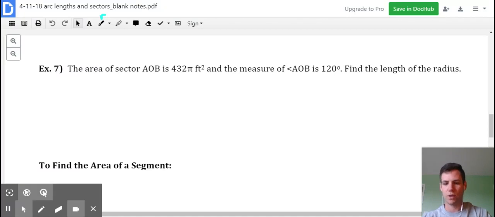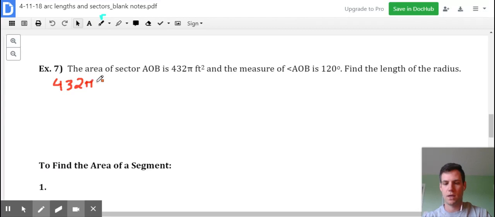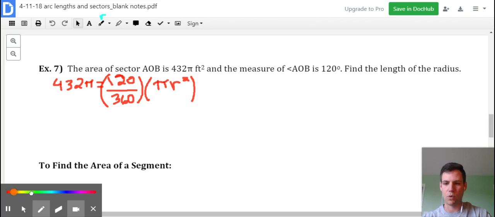So that means we want to set up our equation first as 432 pi is equal to our sector area formula of 120 degrees being divided by 360 degrees in parentheses, and then being multiplied by our area formula of pi and our unknown radius squared.